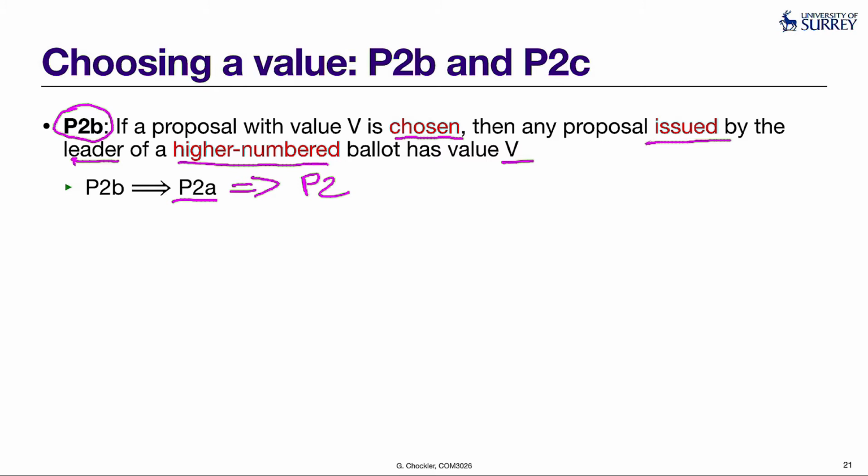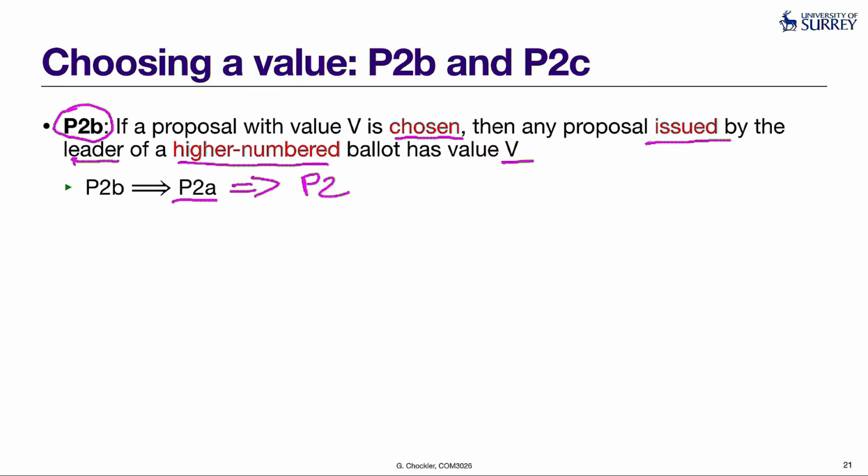So we have this property P2B, which actually says what the leader needs to do, but of course, again, it is not detailed enough. The leader must somehow learn if any value was actually chosen in one of the preceding ballots, or discover that no such value was chosen.